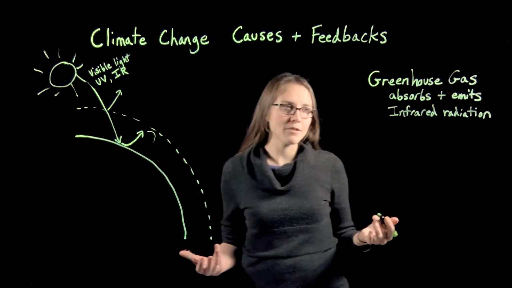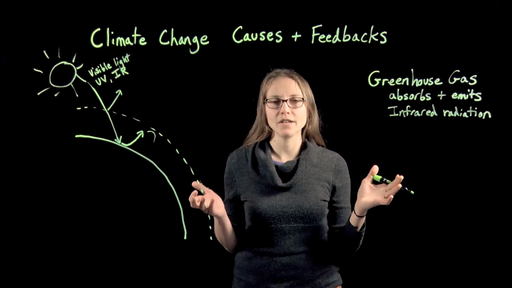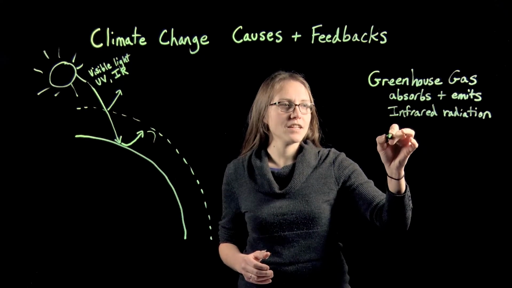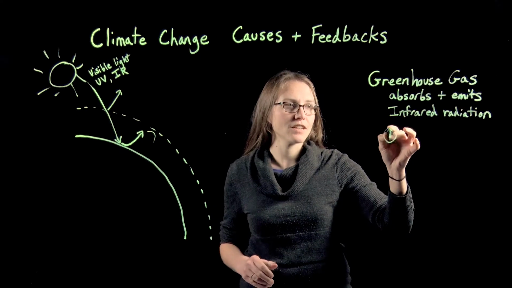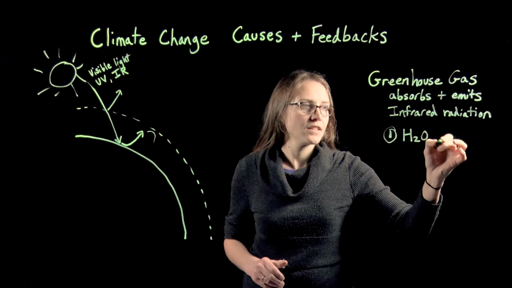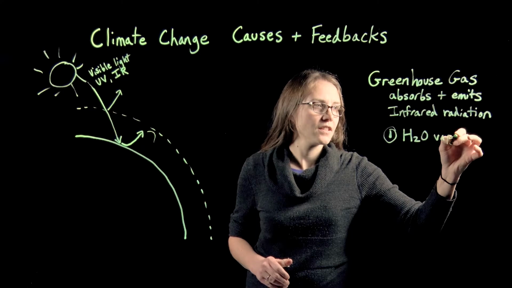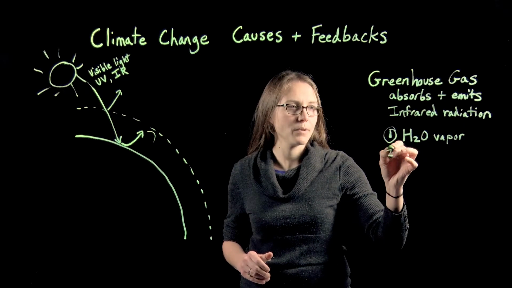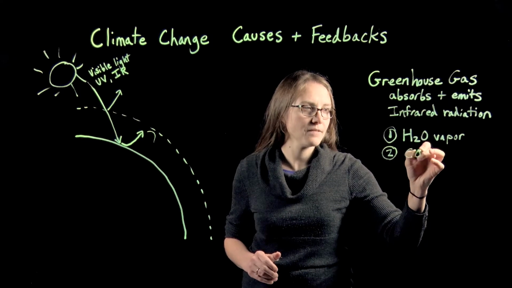And I'm going to list out some of the greenhouse gases for you. The most common in terms of concentration in the atmosphere is water vapor. And our second most abundant is carbon dioxide.